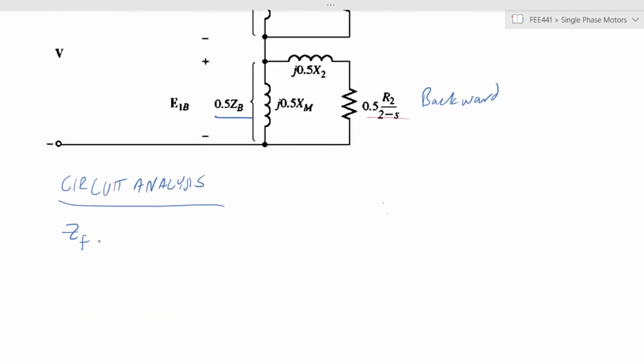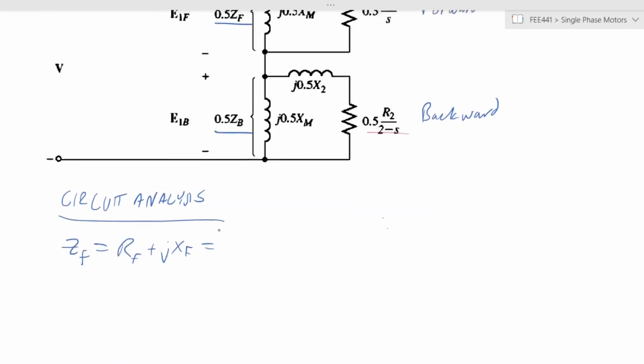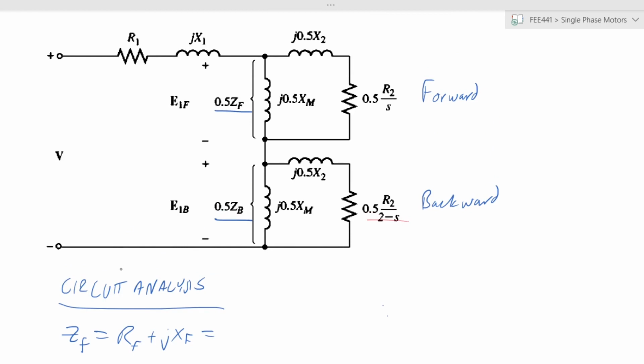ZF, the forward impedance, is given by RF plus jXF, a certain reactance F. If you look at that arm of the circuit, it is the equivalent of jX2 plus R2 over S in parallel with XM.